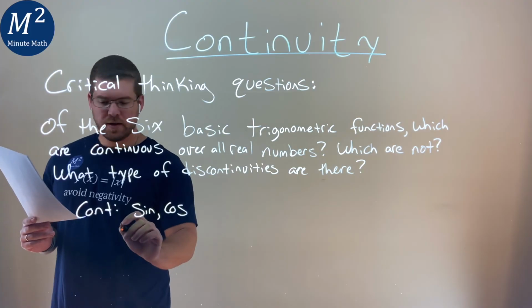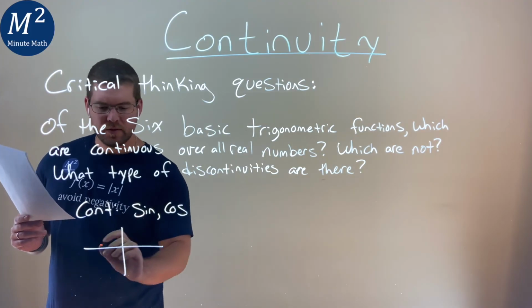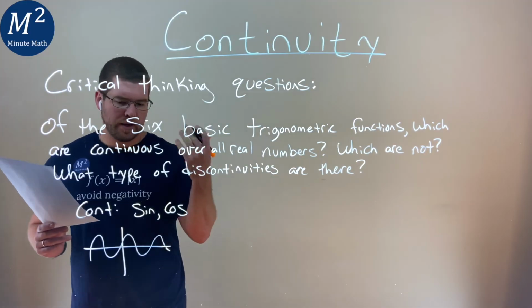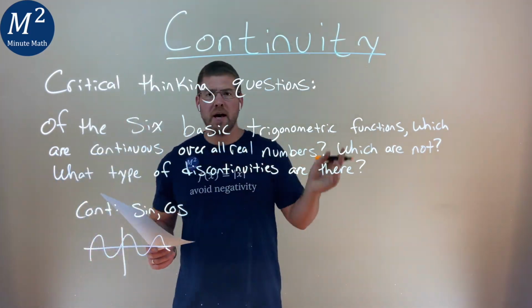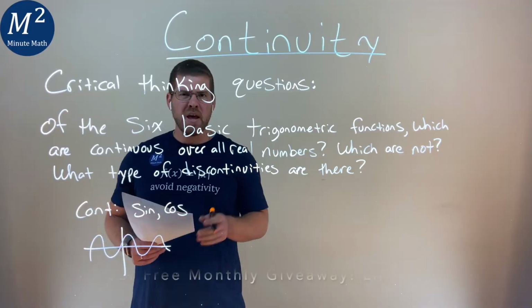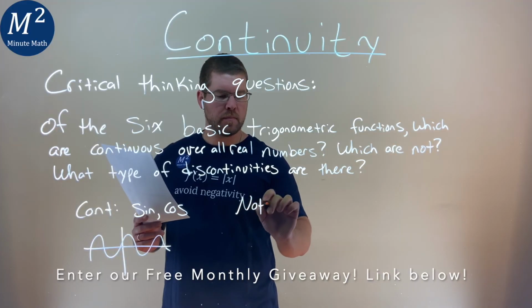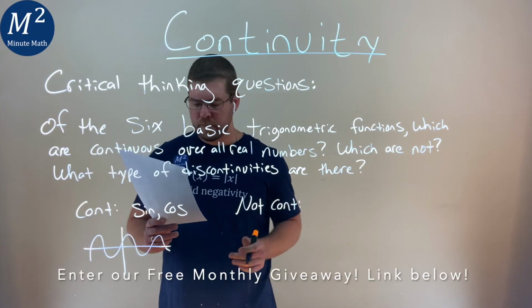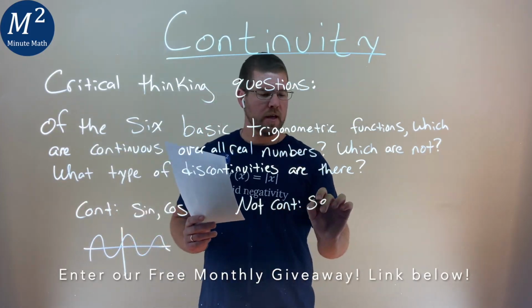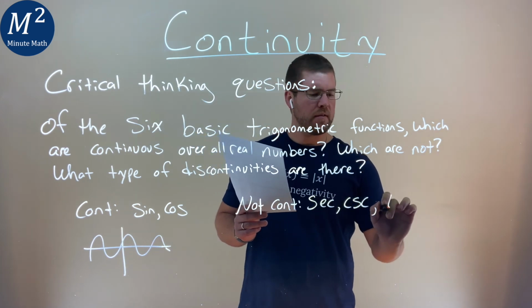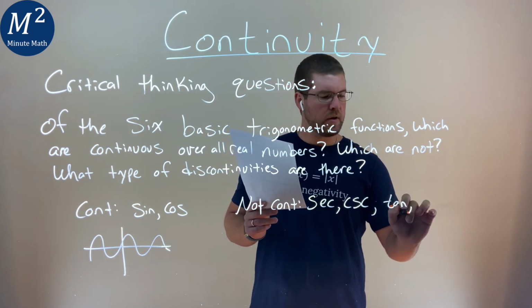Sine and cosine have a basic shape like this. It can go on forever, up and down, and it's continuous everywhere. All the other ones are actually not continuous. That would be the secant, and notice I'm putting a lot out of order here, cosecant, the tangent, and the cotangent.